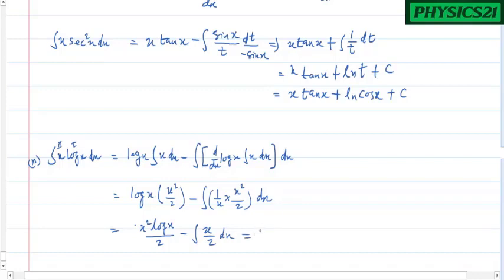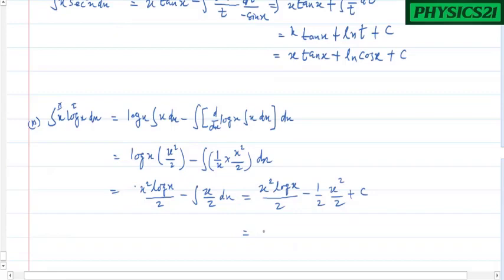So x square log x divided by 2 minus x square divided by 4 plus c. That will be the integral.